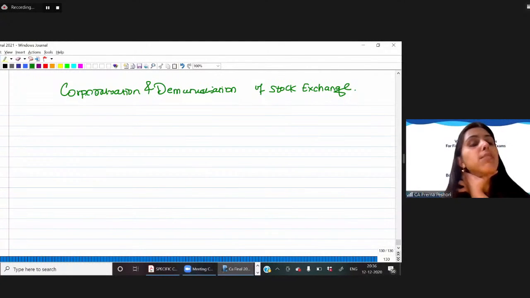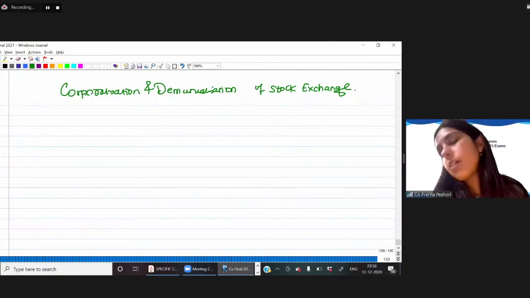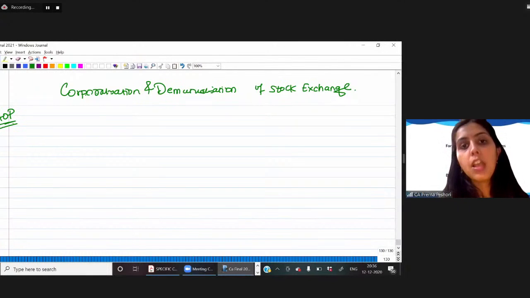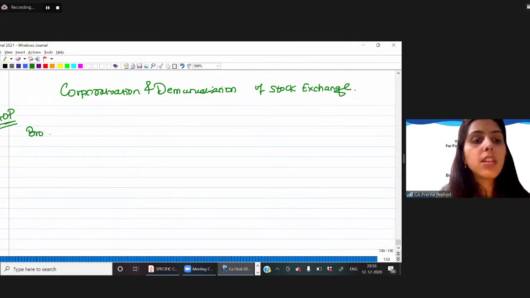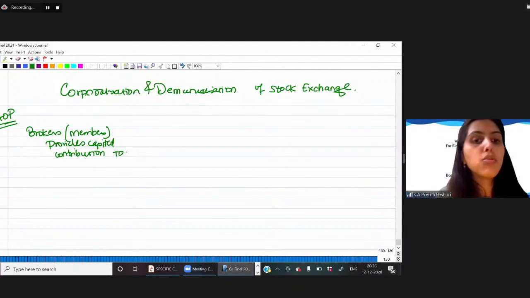Usually these brokers have got the trading rights, right? These are very, very old provisions, but they are still there as part of your syllabus. Usually the brokers were members of the AOP, as stock exchanges were usually formed as associations of persons. These brokers who are members provide capital contribution to stock exchanges.